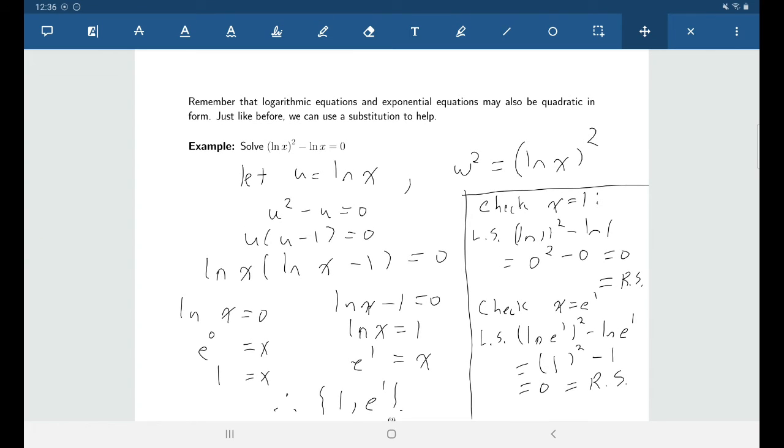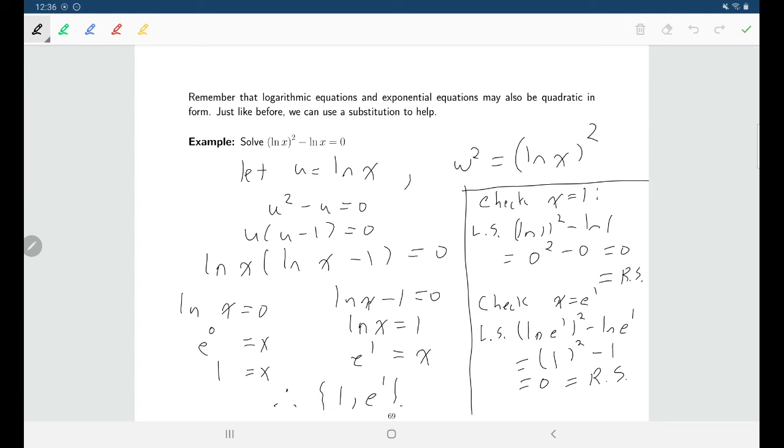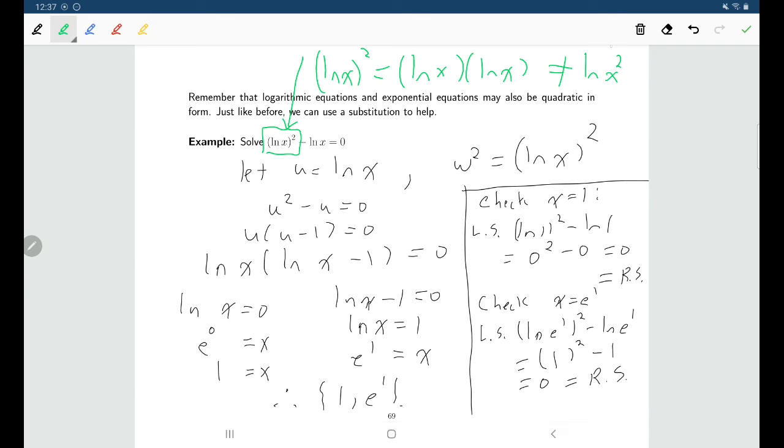One thing I do want to be careful about here, just in case anyone is perplexed, be careful reading this, that when we say natural log of x in brackets squared, that's a natural log of x times another natural log of x. It's not the same thing as just squaring the x. So if you're wondering why did I not take the power and put it in front, the reason was because the power is not on the x.